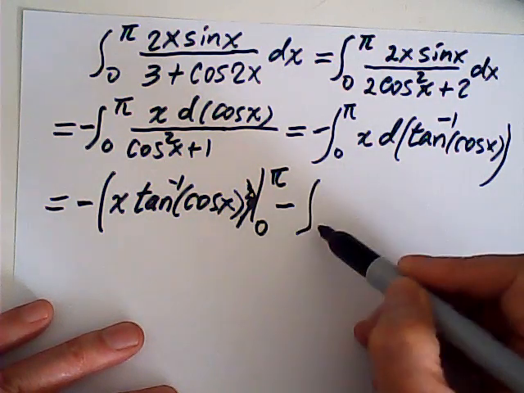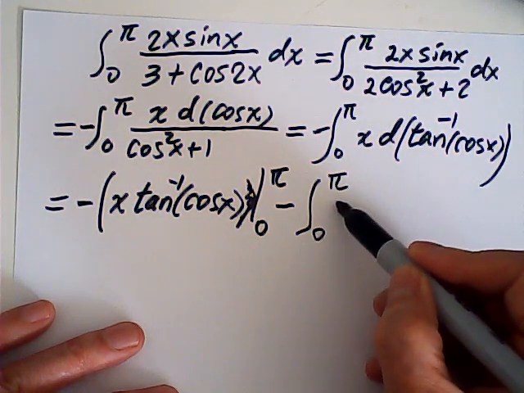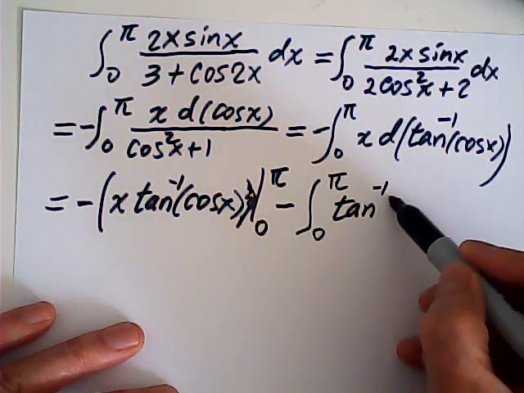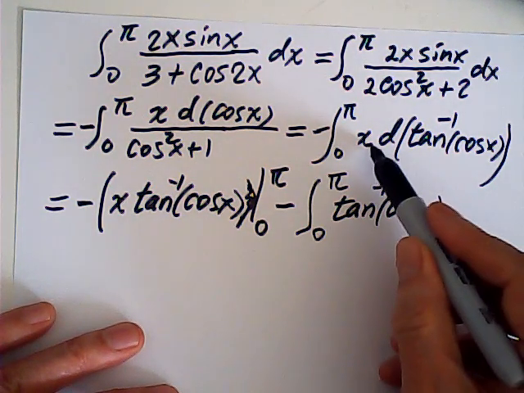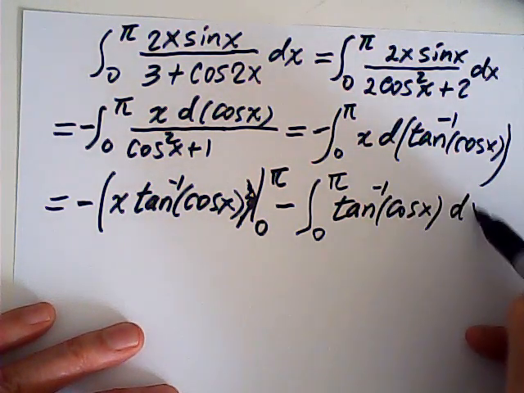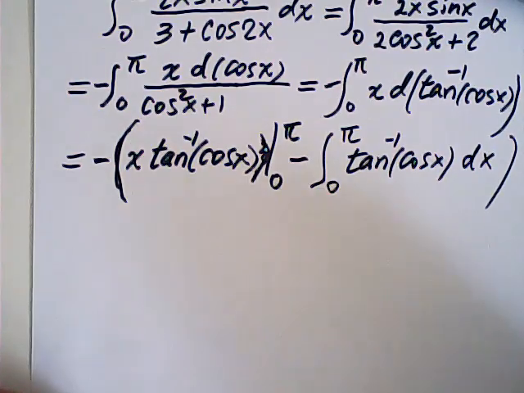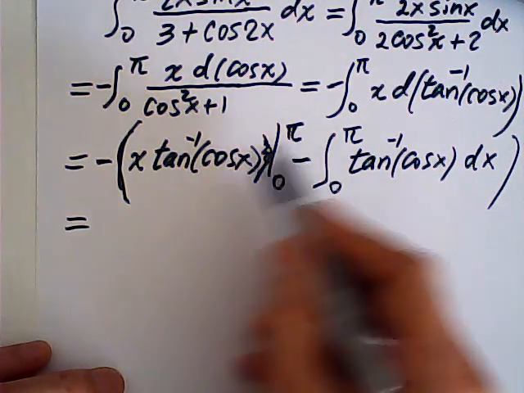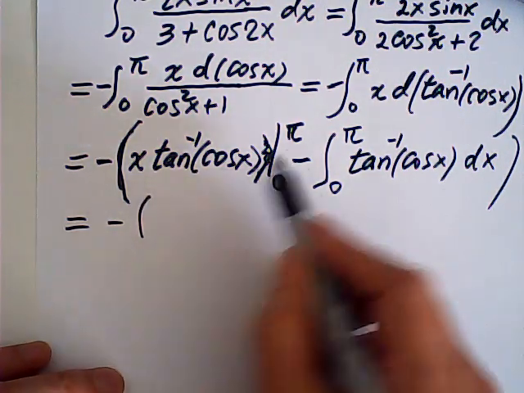Minus integral from 0 to pi, this one is v du, this is my v, right? Arctangent cosine x. And my dv, my du is a dx, okay? Yes, this is good.